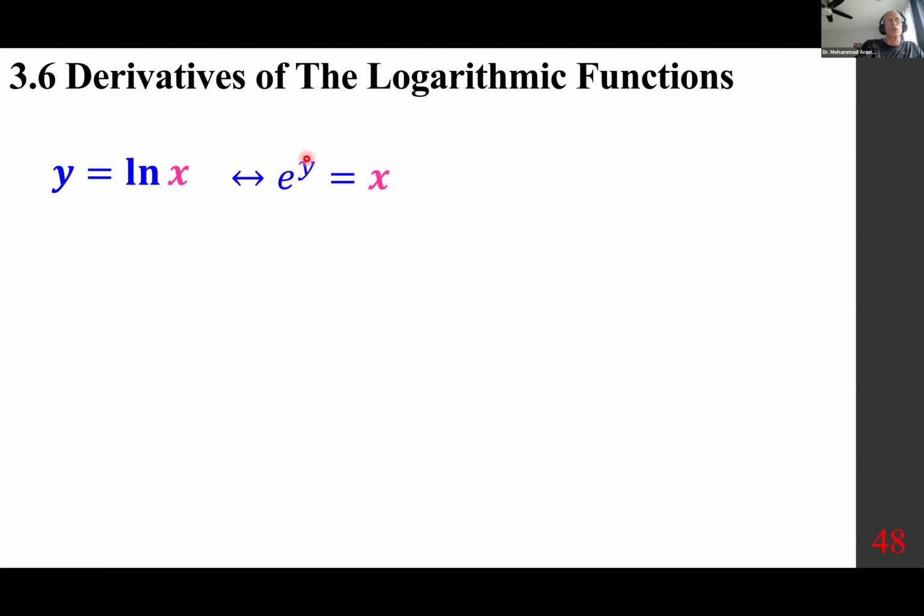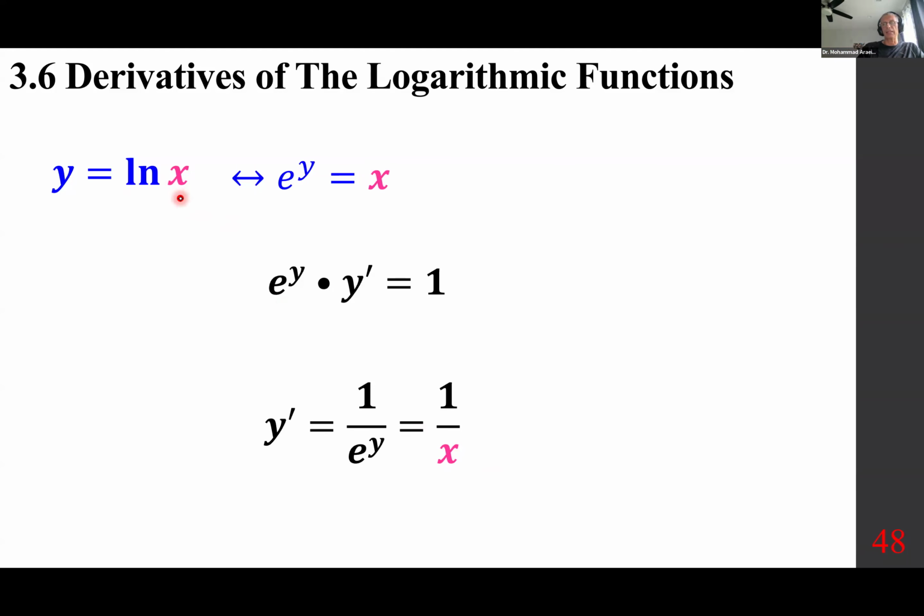So e to the power of y times y prime, and x is 1. So y prime would be 1 divided by e to the power of y, which is x. So simply put, y equals ln x. The derivative would be just to flip over the argument, 1 over x.